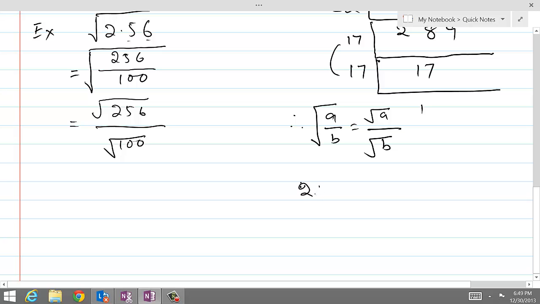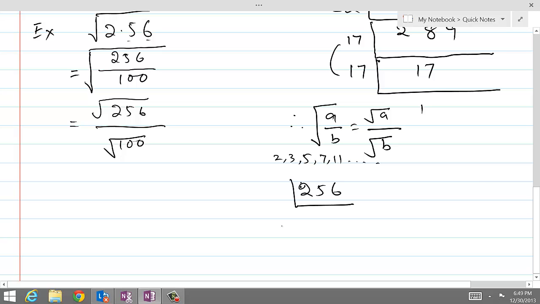So 256, and we're going to write some prime numbers: the initial prime numbers 2, 3, 5, 7, 11, and so on.